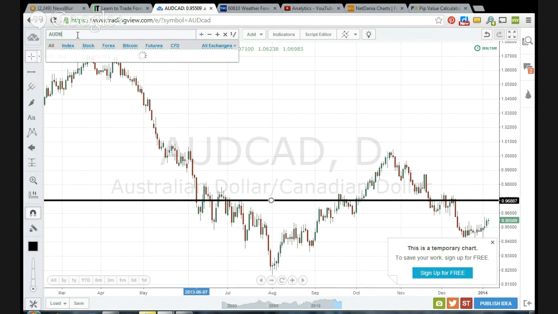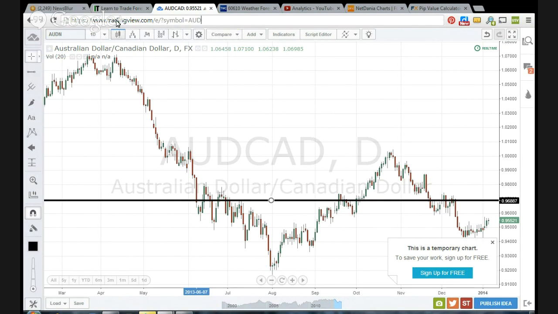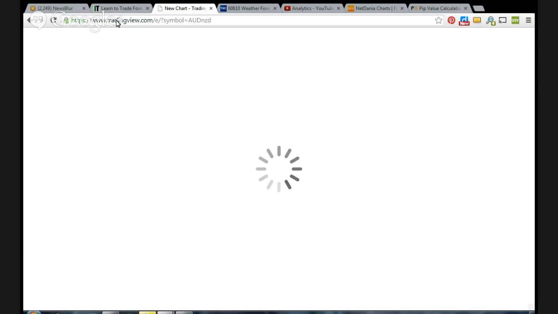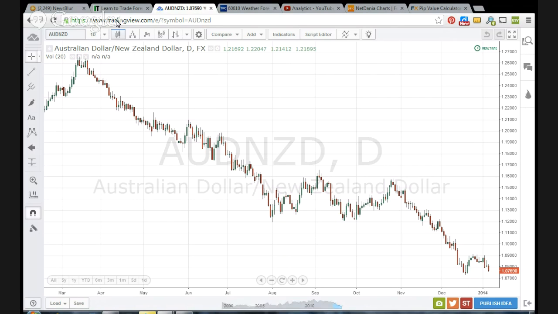I'll see New Zealand dollar. Okay. Aussie Kiwi. Yeah, this is still a downtrend, still need more of a pullback.